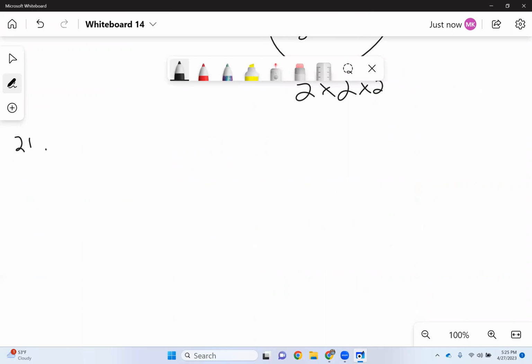21. Shipping crates, a square-based box. So let's draw that right away. So this is x times y. A square-based box shipping crate is designed to have a volume of 16. So the volume is 16, that would be x squared y.